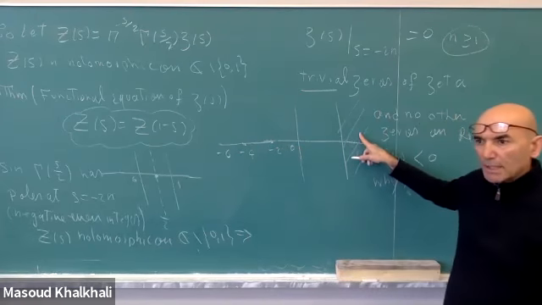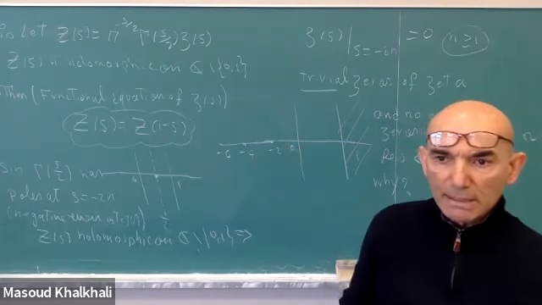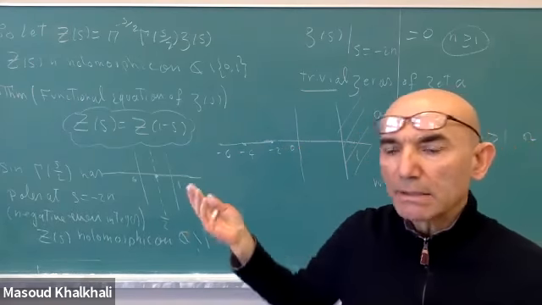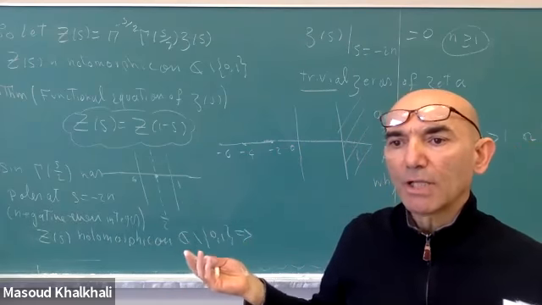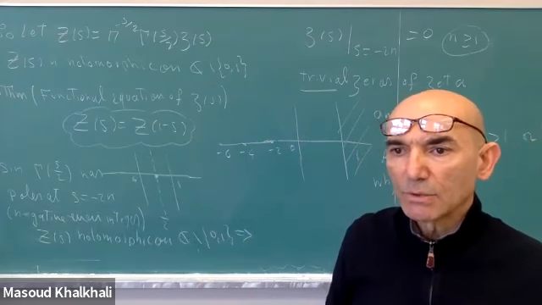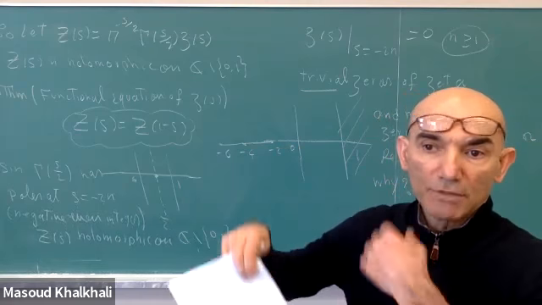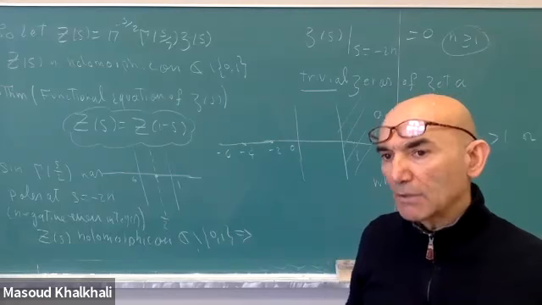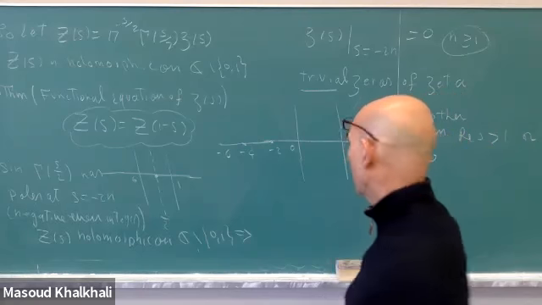Let's look at the right-hand side. If you are on the real line, it's clear that this function is positive, so it doesn't have zeros, but it might have zeros if you go to the complex plane. But there aren't, and the reason for that is the Euler product formula.